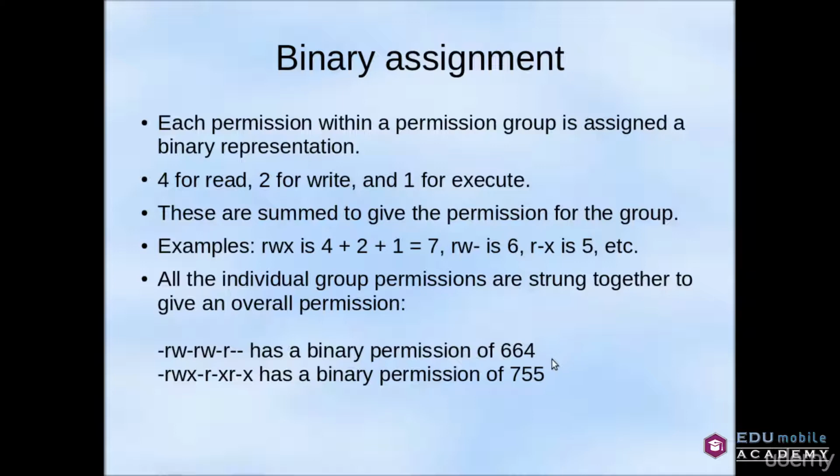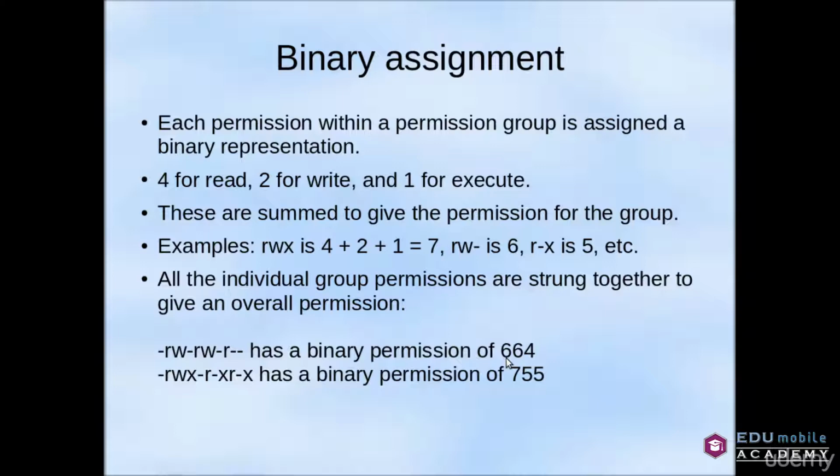Now 664 and 755 are very typical permissions. You will see these a lot. And you'll see 755 on executable files, and you'll see 664 or maybe even 644 being used on text files that maybe the owner has access to write to or to edit, and then everybody else can read it only.